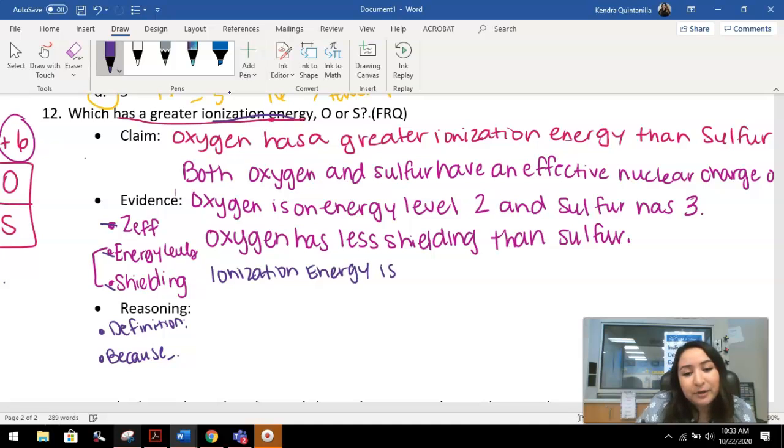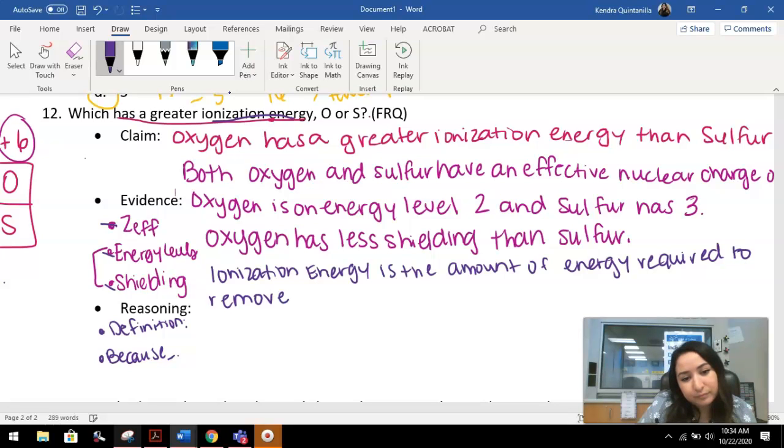is the amount of energy required to remove a valence electron.